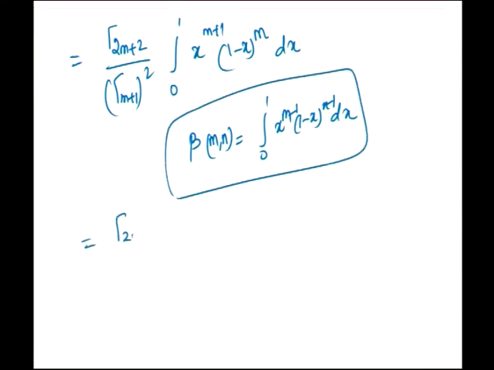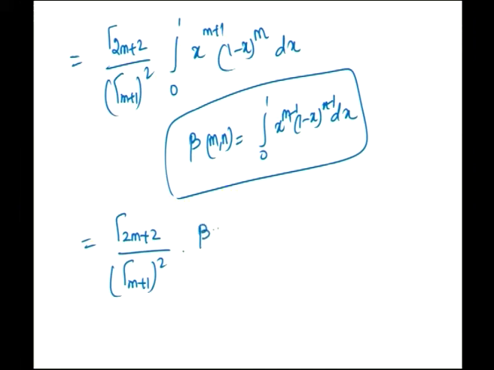So, here you will have gamma 2m plus 2 by gamma m plus 1 whole square written as it is. In the place of m minus 1, you have m plus 1. For the formula, m minus 1 means it becomes m here, that is, 1 has to be added; similarly, if it is n minus 1, 1 has to be added to become n. You will have m plus 1.